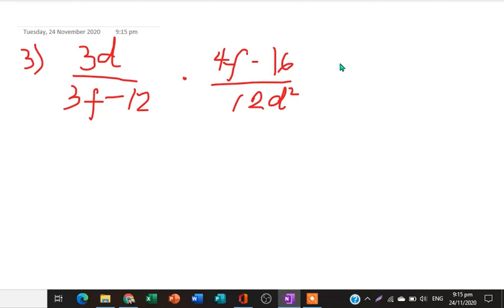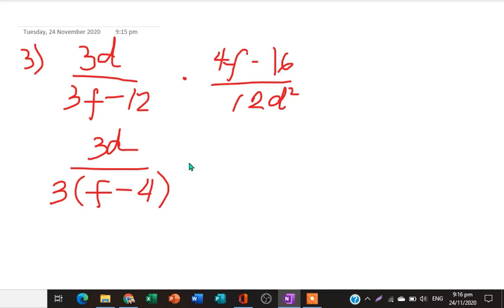Okay, now to factor this, you're going to factor the numerator and the denominator. So here we copy 3d and we are going to factor the denominator. So what kind of factoring are you going to use here? If you have 3f minus 12, you're going to use common factor. Yes, the common factor is 3. Then 3f divided by 3 is f, minus 12 divided by 3 is 4.